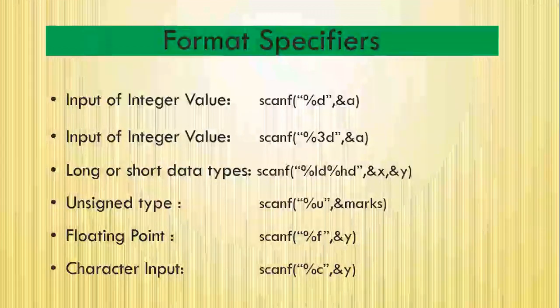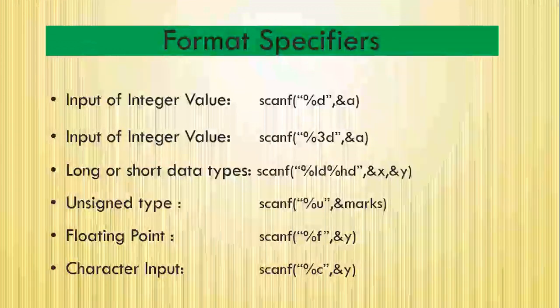Some applications require a character constant or a string constant as input. In accepting a character constant using scanf, the character group %c is used, but the character group %s is used for a string constant. Here the symbol is a character variable. In the example you can see the value which is stored at the address of y will be of character type.